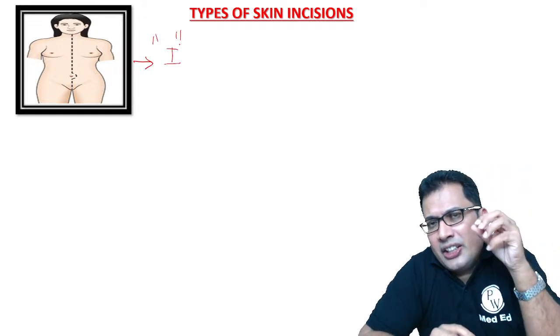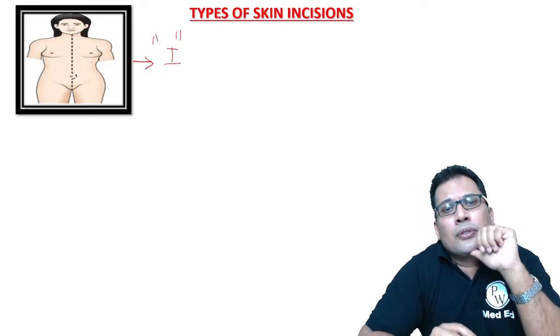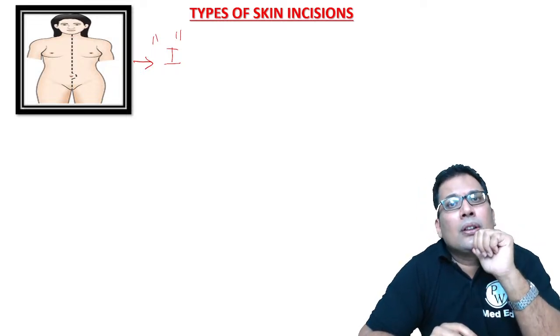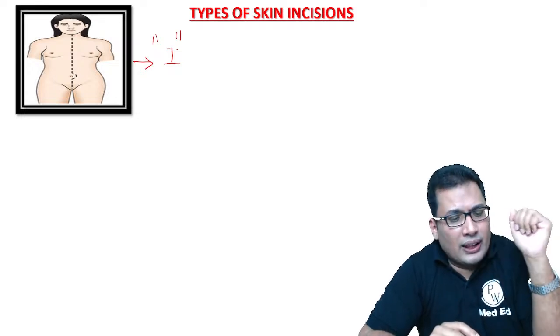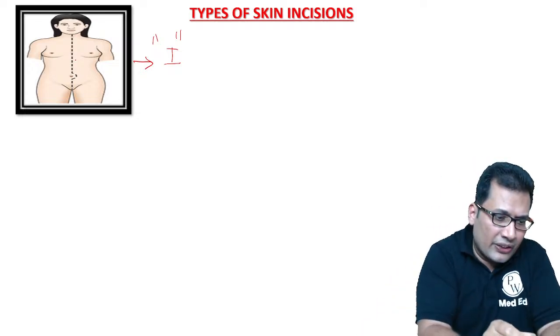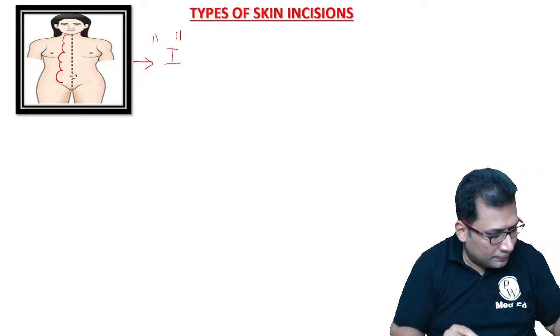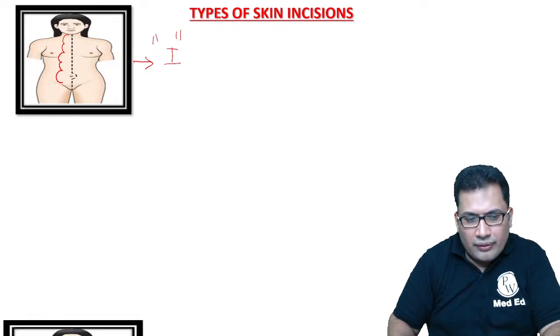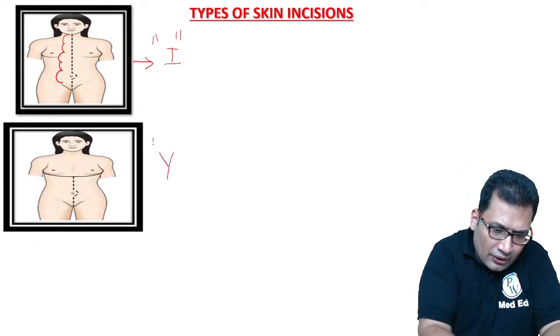Eye-shaped incision is the one extending from the mentis, the submental area, to the pubic symphysis. So this is your eye-shaped incision, which is the commonest one.